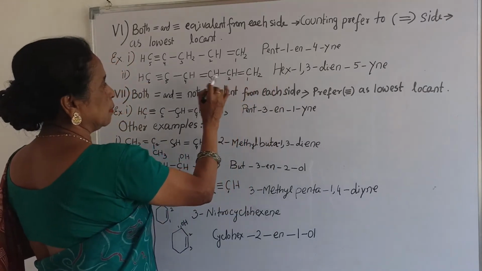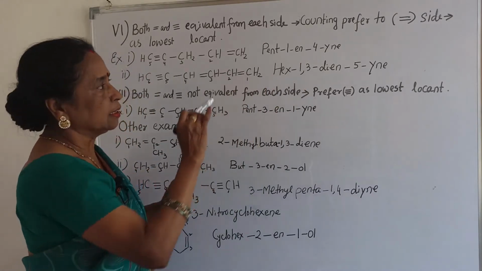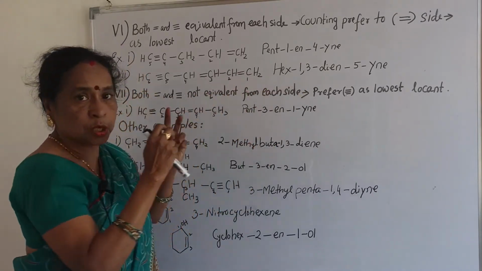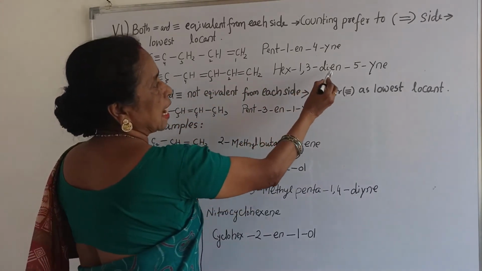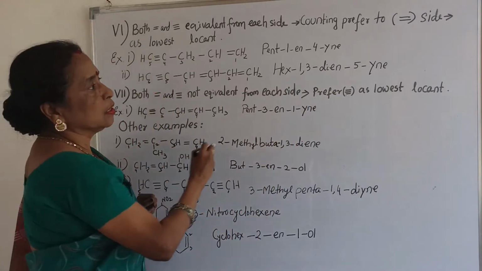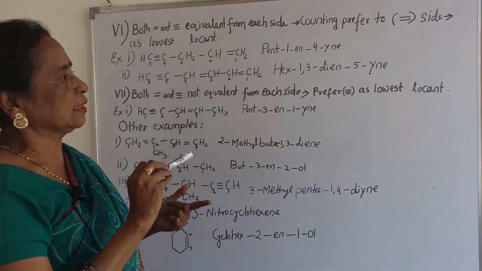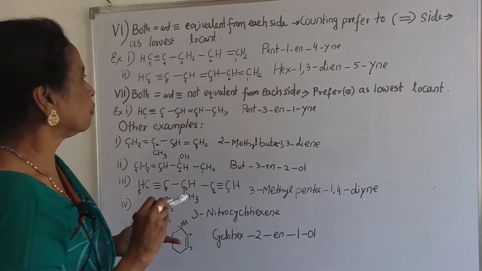After 1 there is a double bond, after 3 there is a double bond, so it is 1,3, and how many double bonds? 2 double bonds, so it is diene. And after 5 there is a triple bond, so it is 5-yne. So what is the name? Hexa-1,3-diene-5-yne.